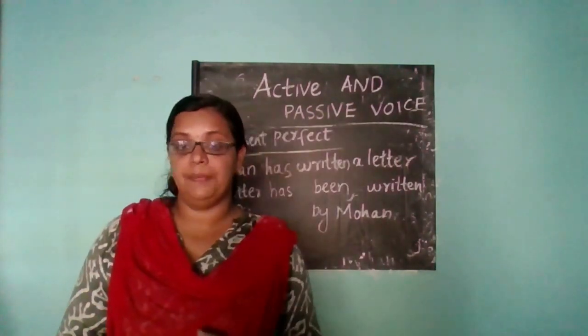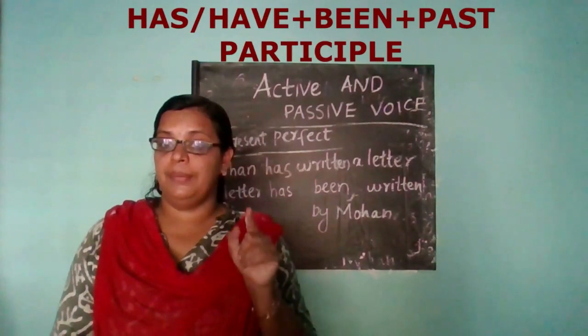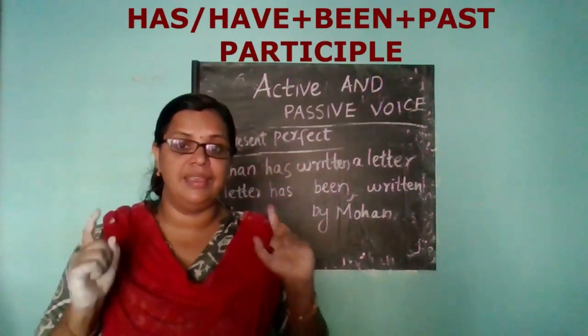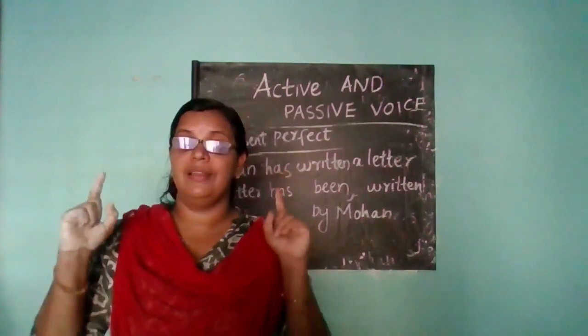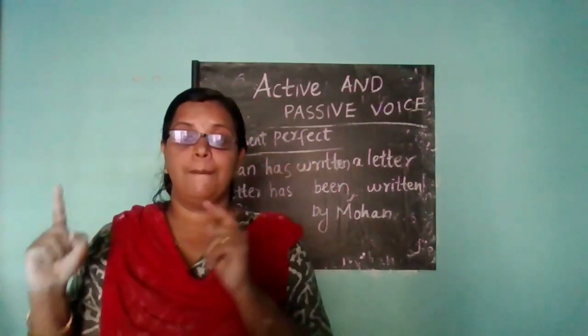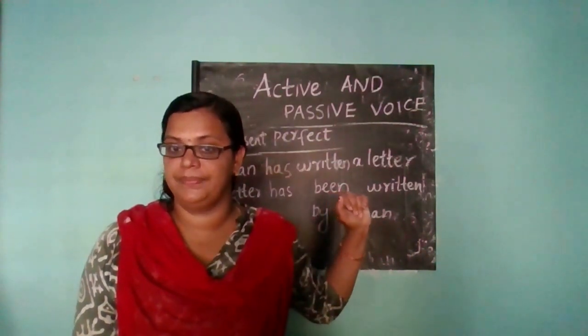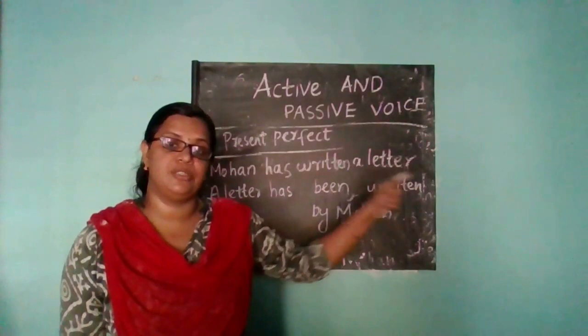Clear? If the verb is in present perfect, you can use has or have plus been plus V3. Yes, that been is the keyword in perfect tense. Okay, if the verb is in present perfect, you can use has or have plus been plus V3 form of the word. Okay, see the example. Mohan has written a letter.